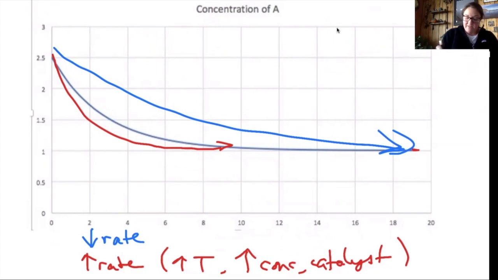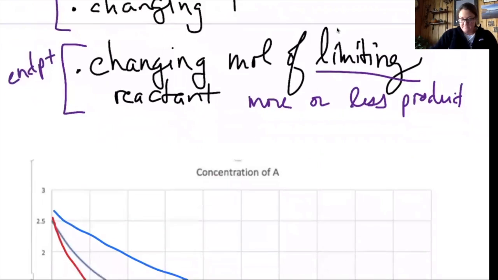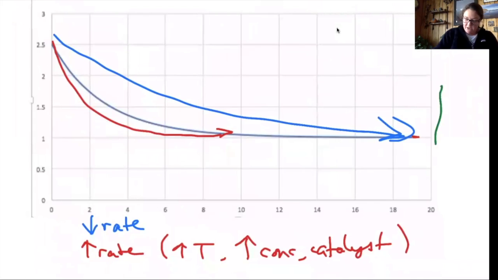If I make one of the other changes, which is changing the moles of the limiting reactant, I may get more or less product. So let's say I'm going to draw this one in green.